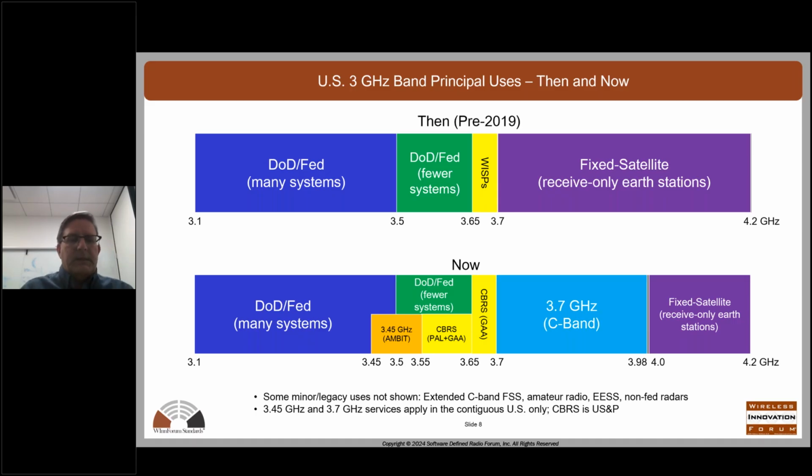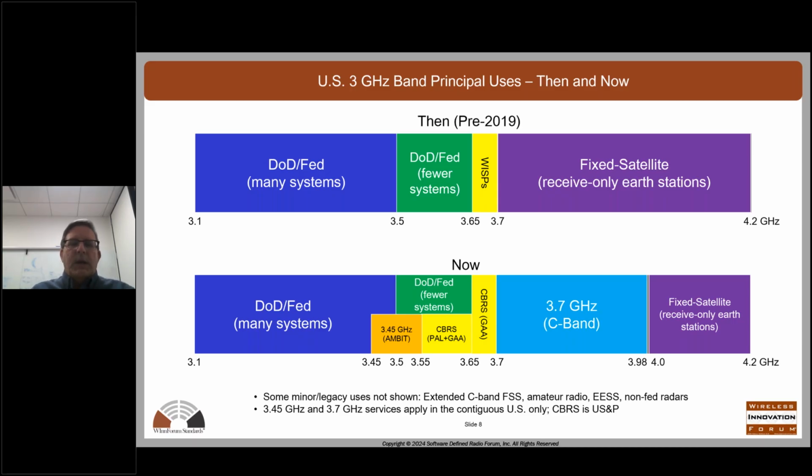This wasn't all in 2019, but it started evolving in 2019 to what we have today. So what we have today is the DoD is still using the band. You see the blue part and the green part where the DoD has intensive use, and still considerable use, but not quite as intense in the green area. But you now have parts of the 3 gigahertz band used for mobile broadband systems.